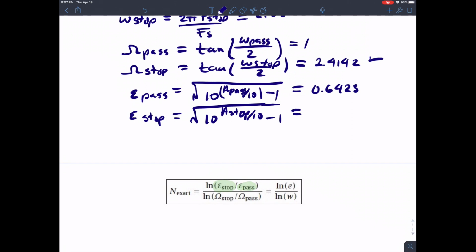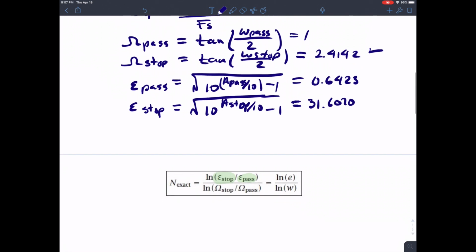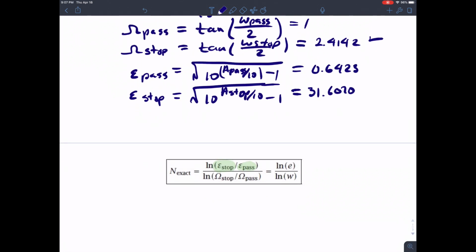Taking that square root, I get 31.6070. From there you just plug epsilon pass, epsilon stop, and omega pass into this formula.